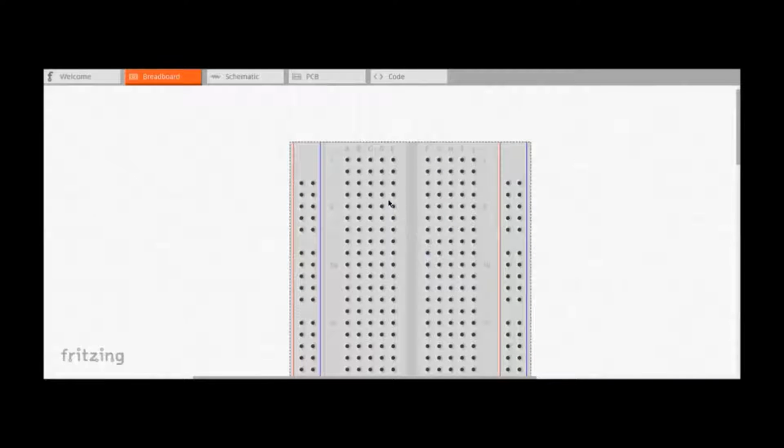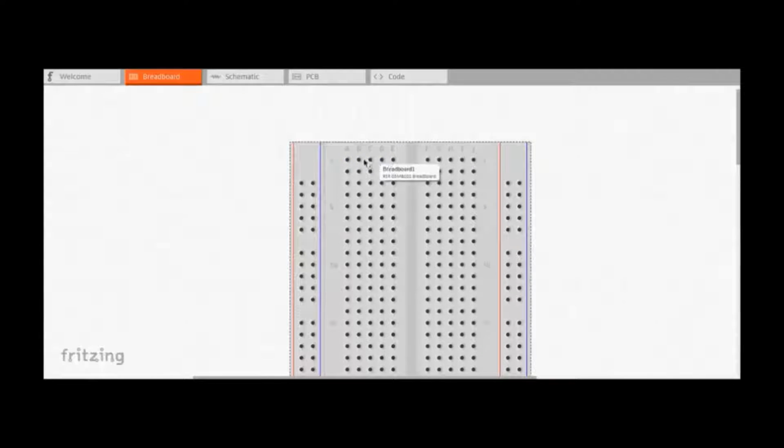That simply means that the holes on the left side from A to E are not connected to those on the right side from F to J. All these holes are connected all the way across. So the holes from 1A, which is this hole here, down to 1E, which is this hole, are connected.